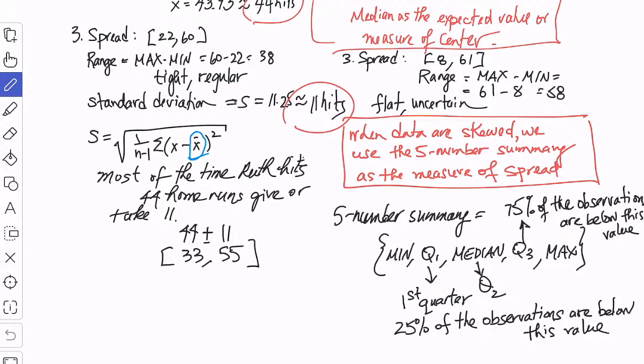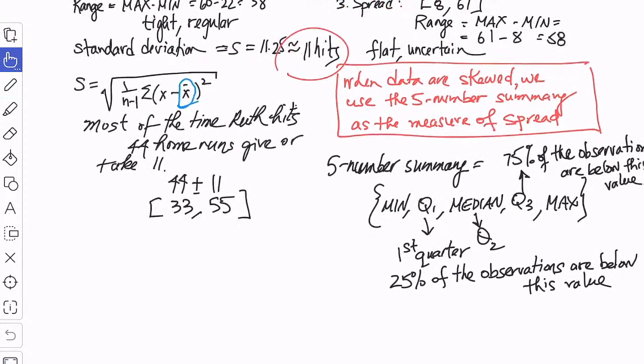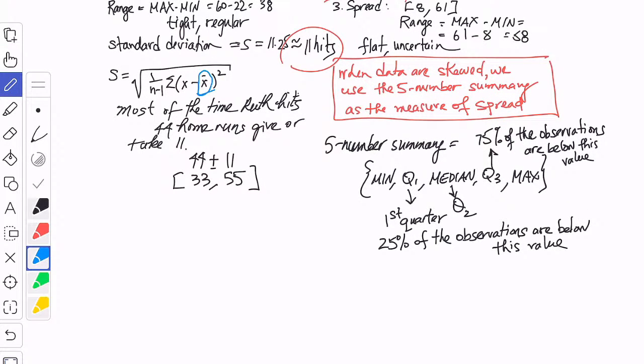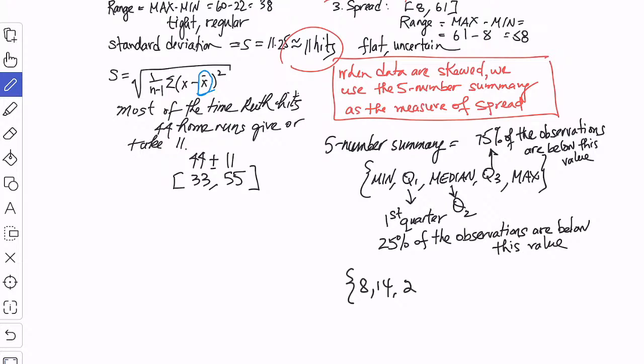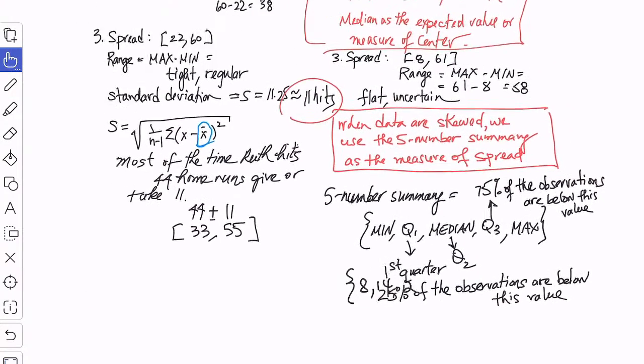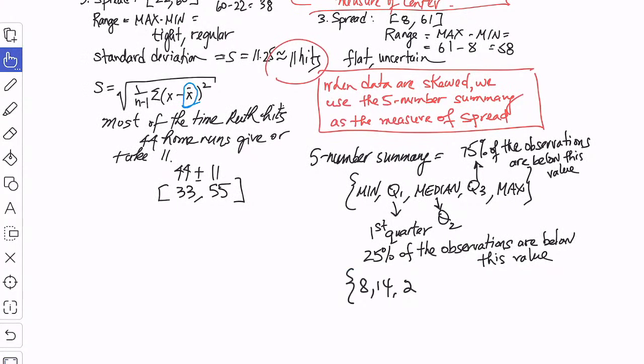So I'm going to write them now. And I need to use the value I computed, 24.5. Was it 33? And 61. That is the 5-number summary.